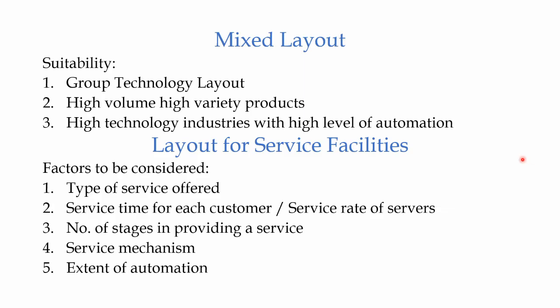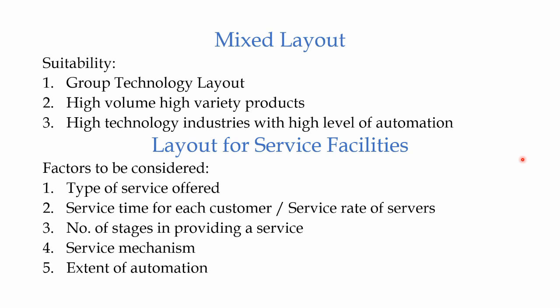Next is the mixed layout. A mixed layout will not have the characteristics of pure product layout or a pure process layout like that. So a mixed layout is a combination of product and process layout. If the product has high volume and high variety, in such case it is suitable. And here we use group technology layout.